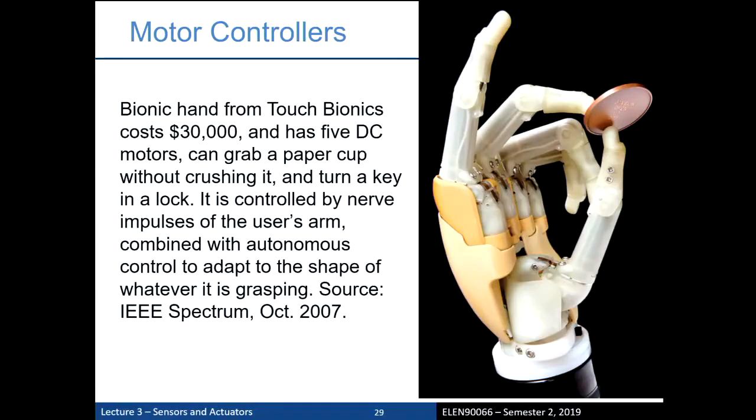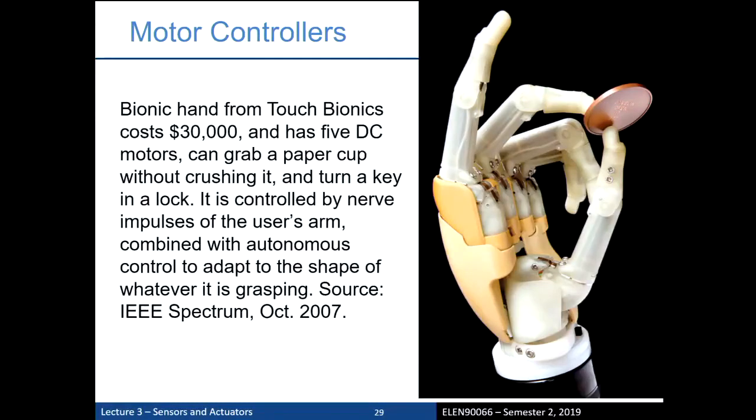Or if you wanted to pick up a ball, or something slippery, you need to apply a bit more force, as long as it's rigid, so you don't crush it. A device like this obviously has inputs such as sensors and nerve impulses from the upper arm or further up the arm. And there could also be pressure sensors in the fingers and joints themselves.